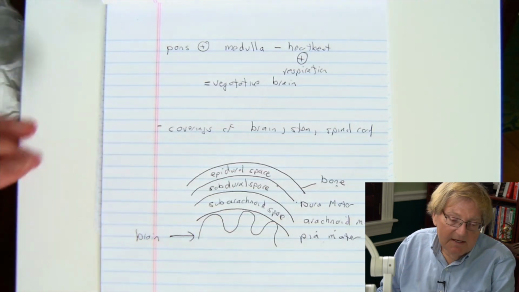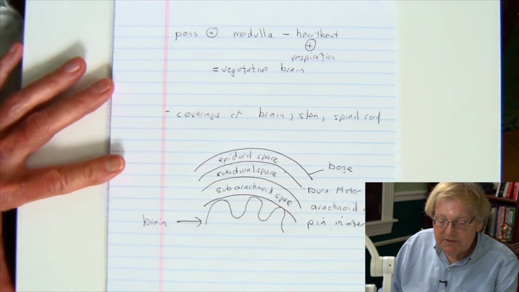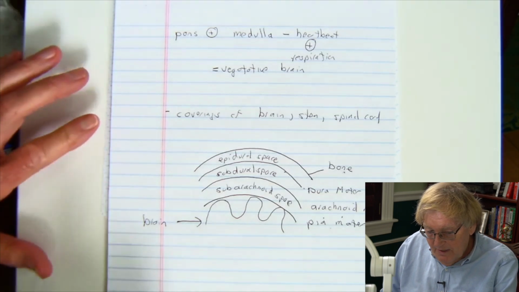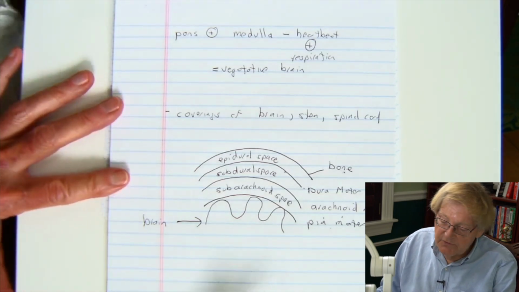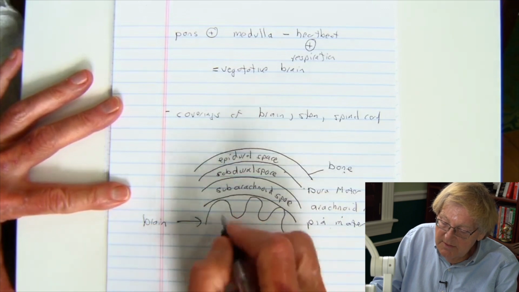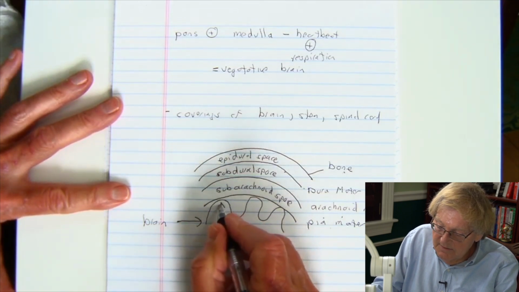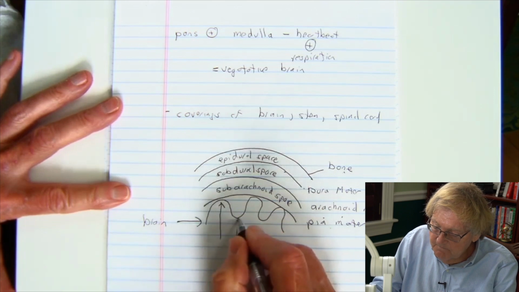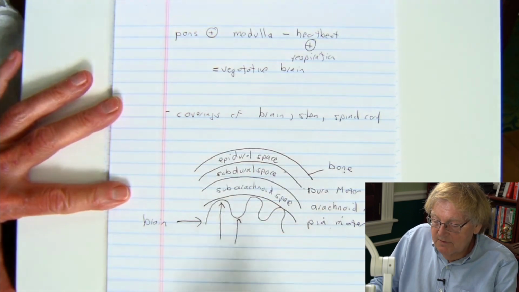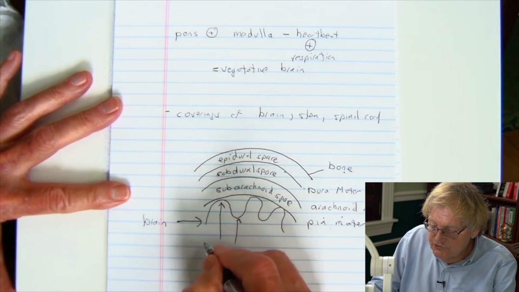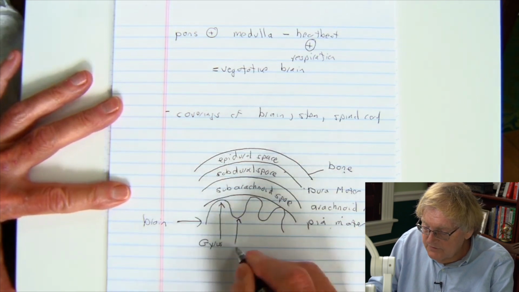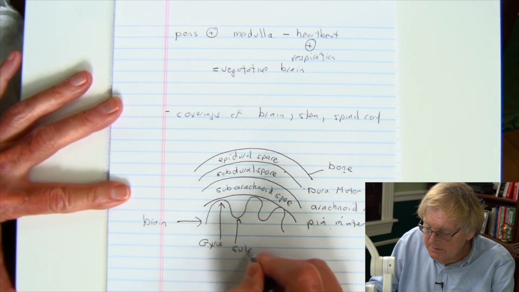And you kind of think of that analogy to cristae. The cristae are those folded membranes on the inside of a mitochondria. And so therefore, these elevations are like this, and this is a depression. So the elevation is going to be a gyrus, and the depression is going to be a sulcus.